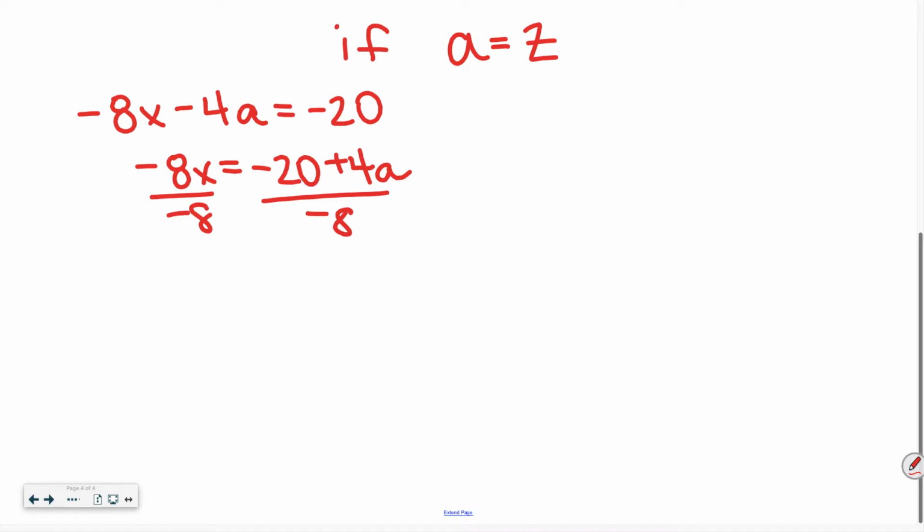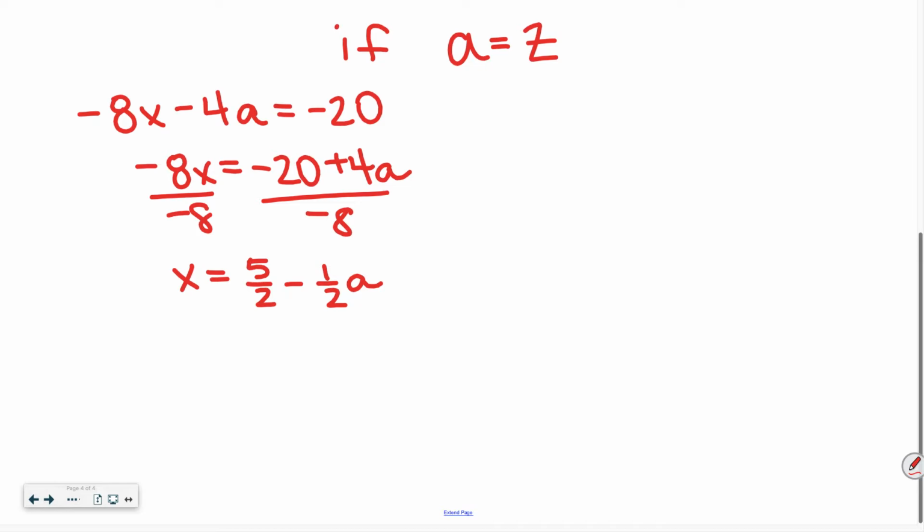So 20 over 8, what does that simplify to? And 4 over 8 simplifies to 1 over 2. So X we would write as 5 halves minus 1 half A. Not pretty.